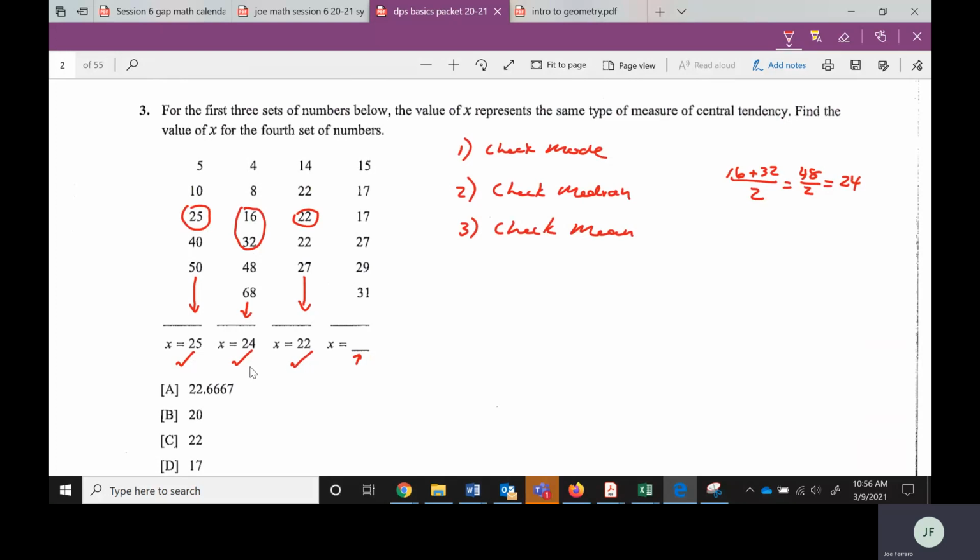Now because we figured out it is the median, we want to find the median here. There's 6 numbers, 1, 2, 3, 1, 2, 3. These are the 2 middle numbers. So then we need to add them up and divide by 2. This equals 44. Divide by 2, and we get 22 as our answer.